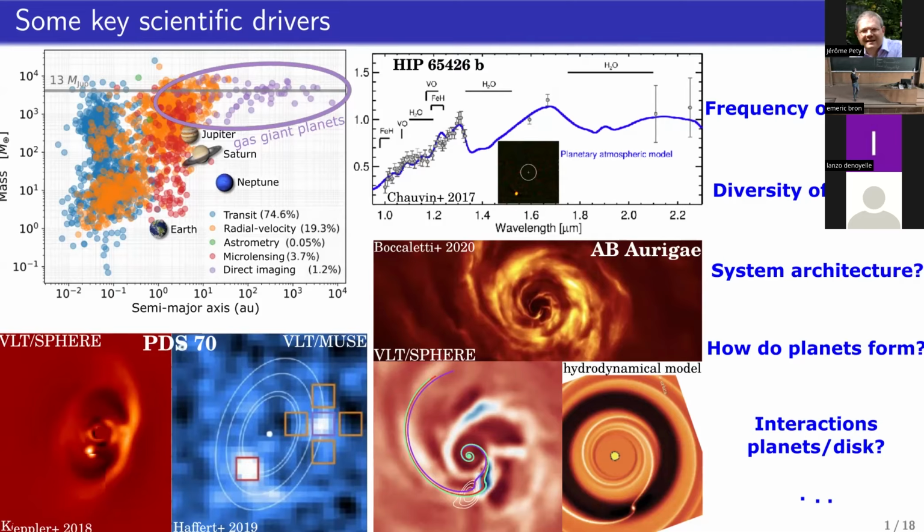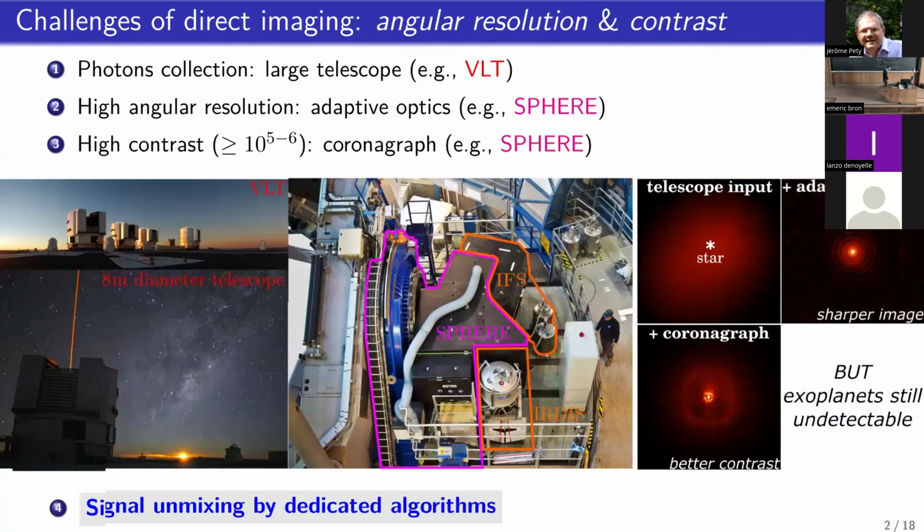And you have here an example of reconstruction from high contrast data from the SPHERE instrument, in which you have a kind of a kink, a structure that can be reproduced by hydrodynamical simulations and explained by the presence of a perturber, an exoplanet in formation inside.